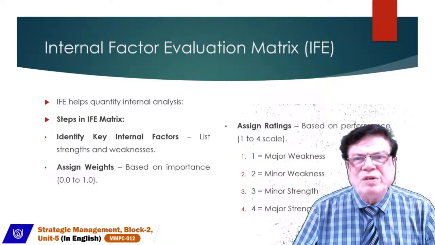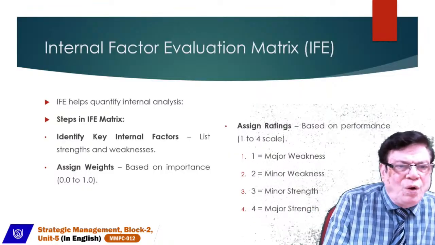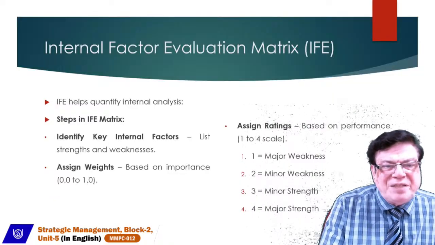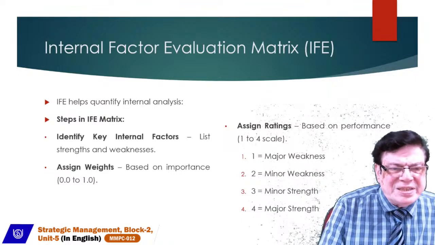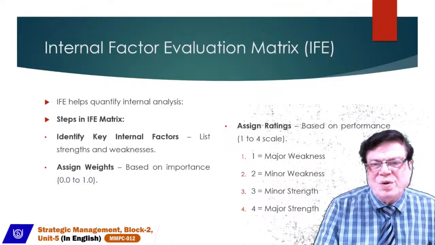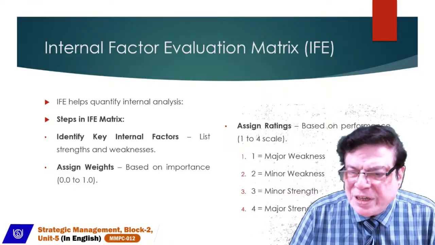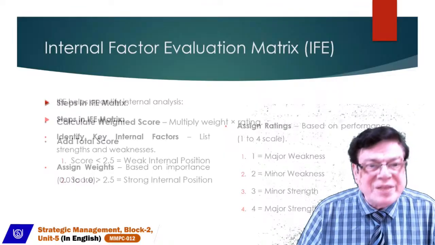Now, internal factor evaluation metrics. IFE helps quantify internal analysis. Steps in IFE: identify key internal factors, list strengths and weaknesses, assign weights based on importance from 0.0 to 1.0, and assign ratings based on performance from 1 to 4. 1 is major weakness, 2 is minor weakness, 3 is minor strength, 4 is major strength.